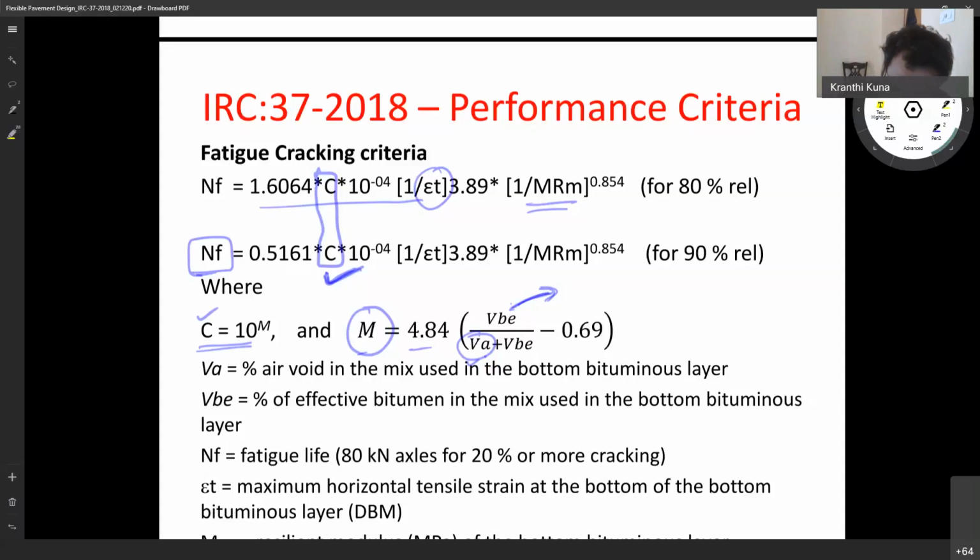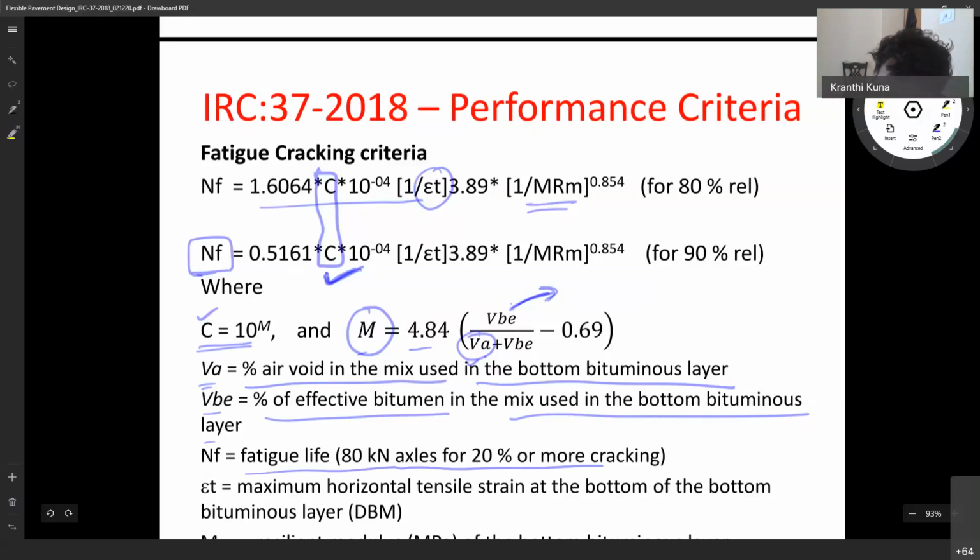As I said, VA is the percentage air voids in the mix used in the bottom bituminous layer. VBE is the percentage of effective bitumen in the mix used in the bottom bituminous layer. NF is the fatigue life, for 80 kilonewton axle, 20% or more cracking, which we discussed.